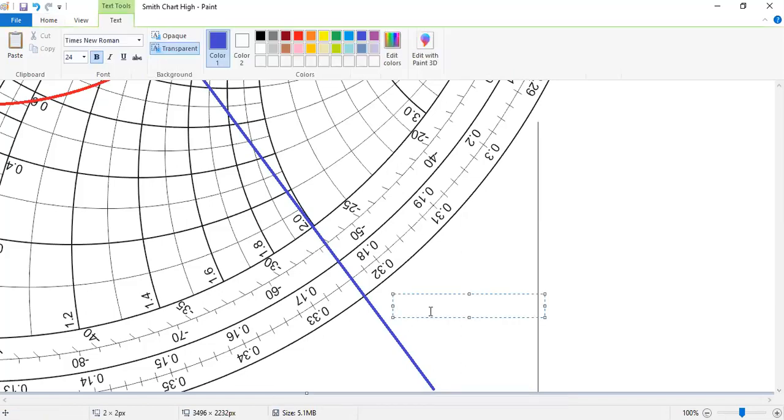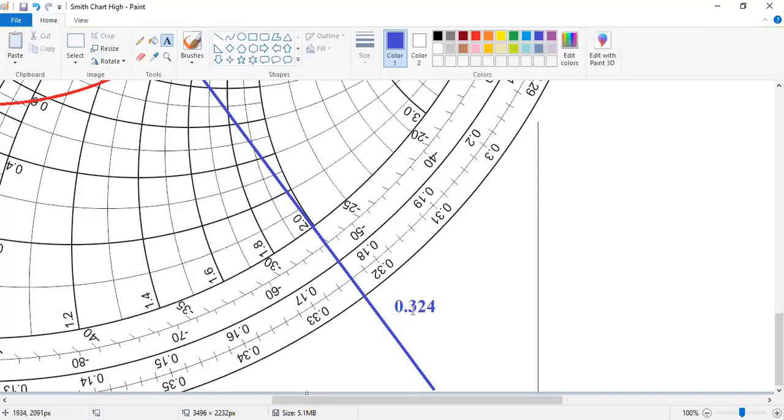So how much is it? 0.32, 0.322, 0.324. So is it 0.324? Yes, it is 0.324. Some may have got 0.325. So that is also okay. So this much value you got.